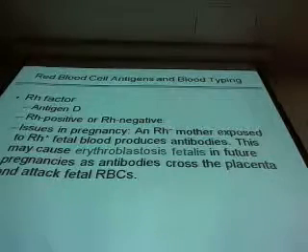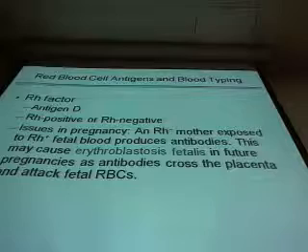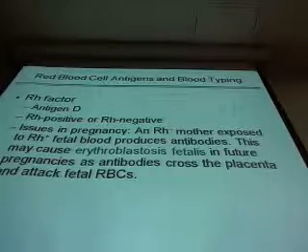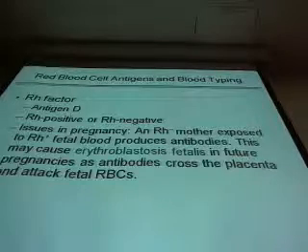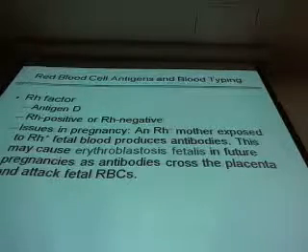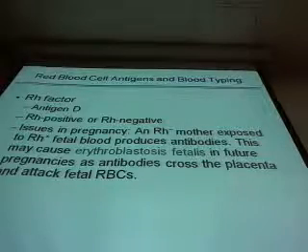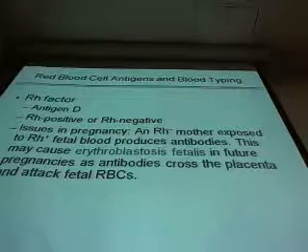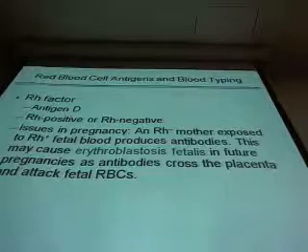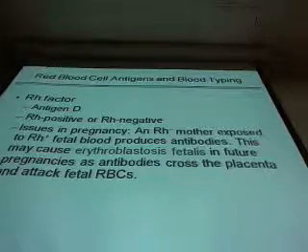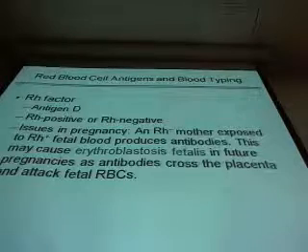Her immune system is going to see that RH positive cell as foreign, even though it's her baby. And it's going to turn around and make an anti-D, like the anti-A or the anti-B. It's not naturally occurring, but it's going to happen.